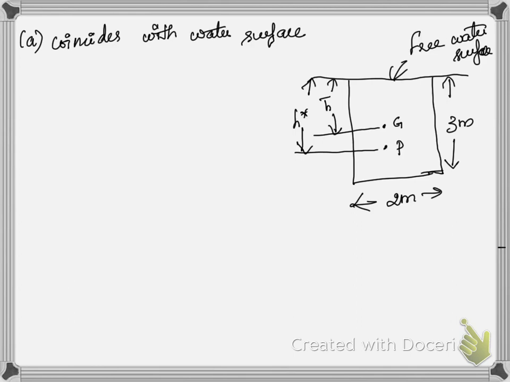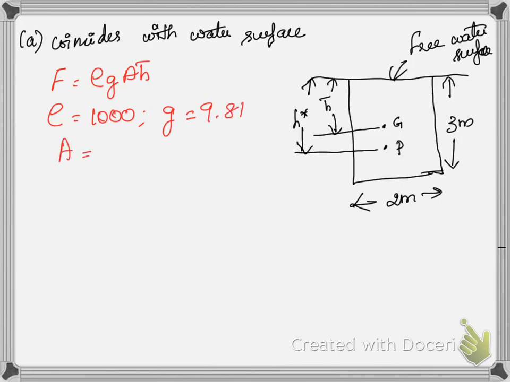They have asked us to find the total pressure force and center of pressure. The formula for total pressure force is F equals rho g A H bar. We know rho is 1000, g is 9.81, and A is the area of the rectangular surface, which is 2 into 3, that is 6 meter square.